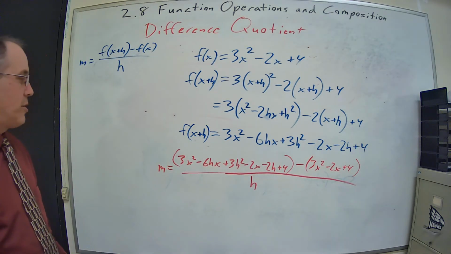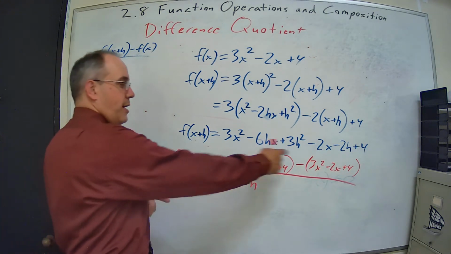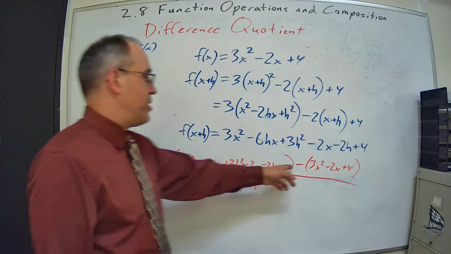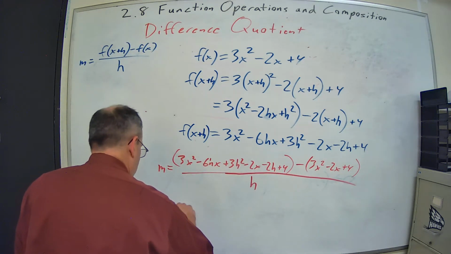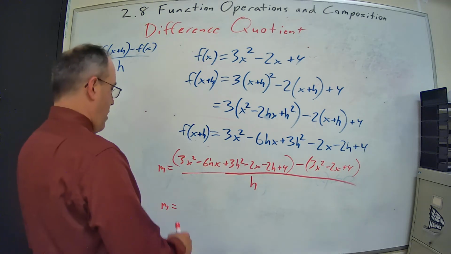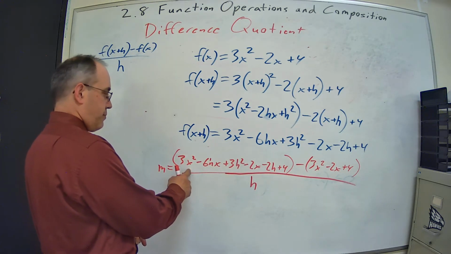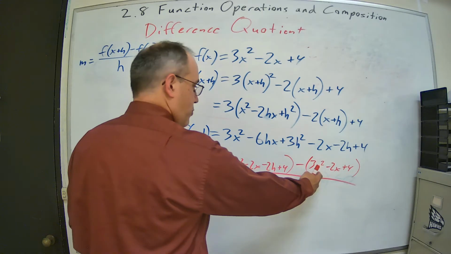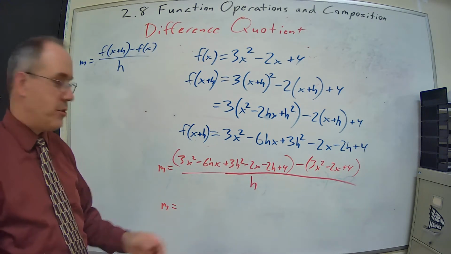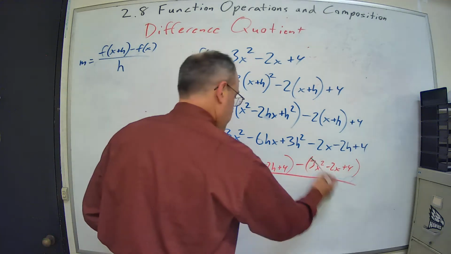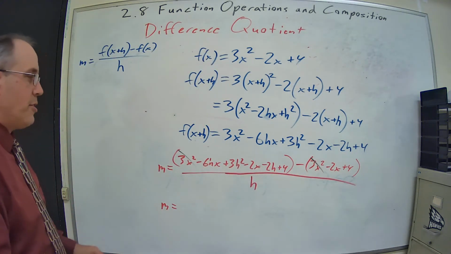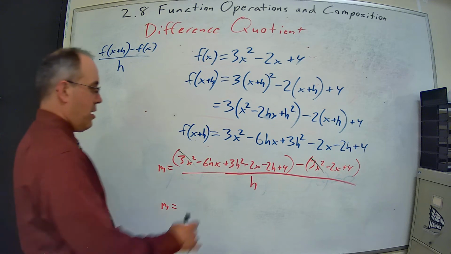So all over h. Well, now we can combine like terms, right? We can distribute this negative through and combine the like terms. So m is equal to, well, we have 3x squared minus 3x squared, which cancels out. I'm just going to go through and do some other canceling.